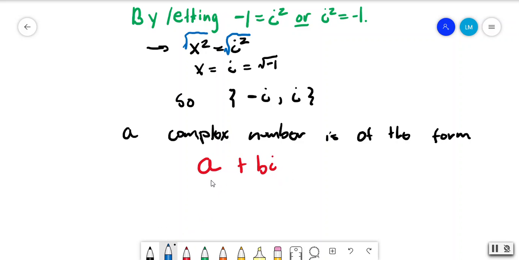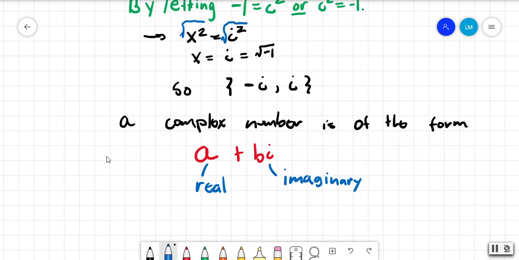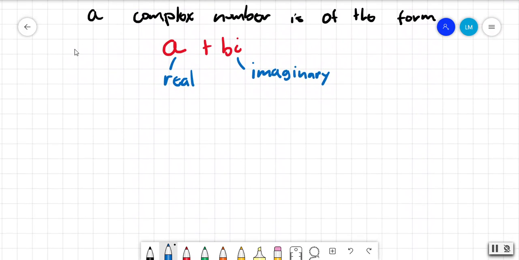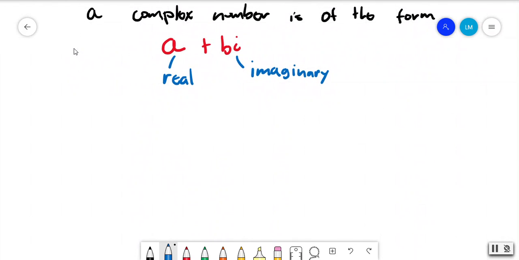In this sense, there are two components: a real part and an imaginary part. Whenever you talk about, for example, when a is 0, when b is 0, and so on, you do end up with different cases of numbers, like a real number, a pure imaginary number, and so on.